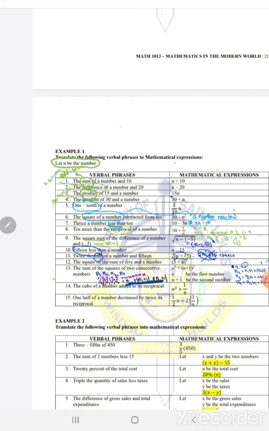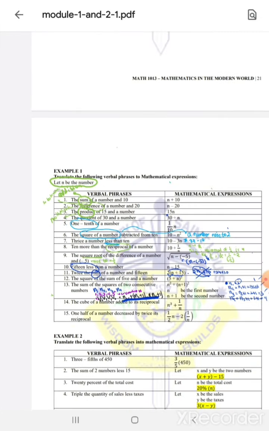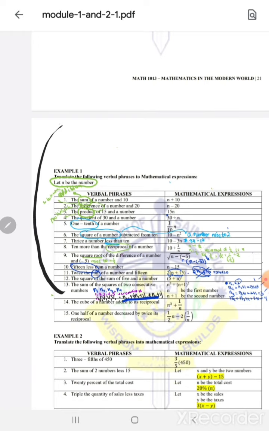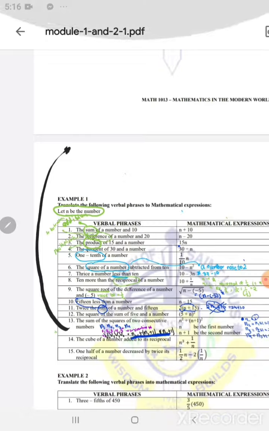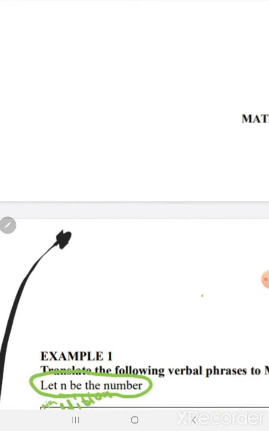Next is about the sum of your consecutive integers. So itataas natin siya para malaki yung pagsulatan natin. So how about consecutive odd integers?